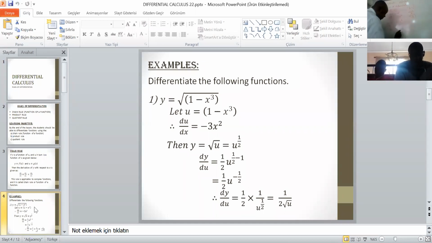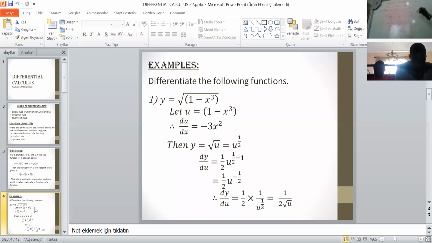So it means now this is going to give you 1 over 2, then u raised to the power minus 1 over 2, which is 1 over 2 root u. Okay, 1 over 2 root u. So from here now, bring in the values. We have dy over dx is equal to dy over du times du over dx.